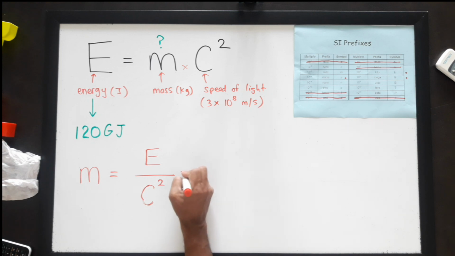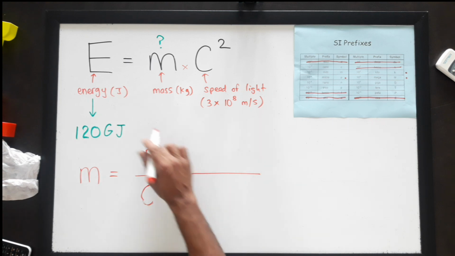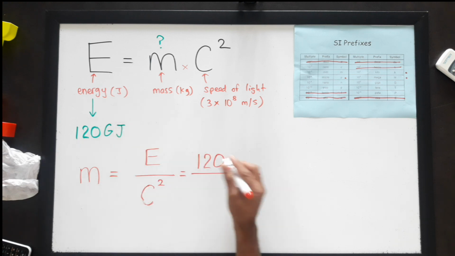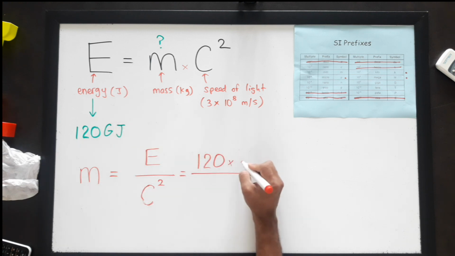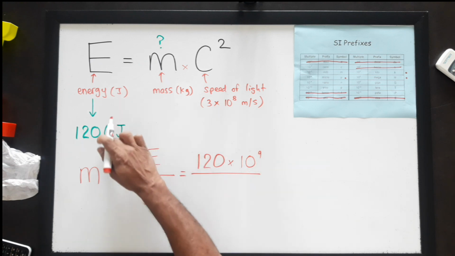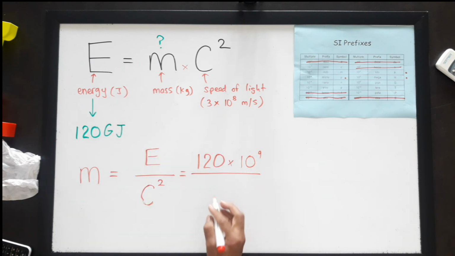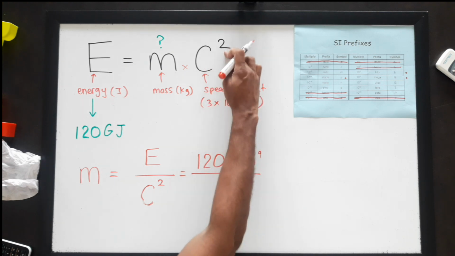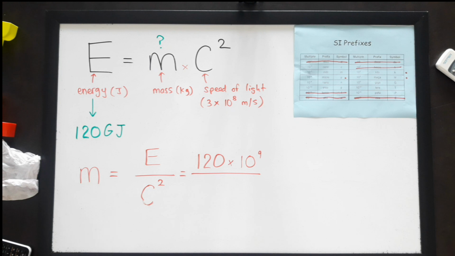So let's plug in the values. The energy was 120 giga, but giga means multiply by 10 to the power 9. So I throw away the G and replace it with that. And this c squared, you see this whole value has to be squared. So how do you write that? I would really recommend you put it in brackets.